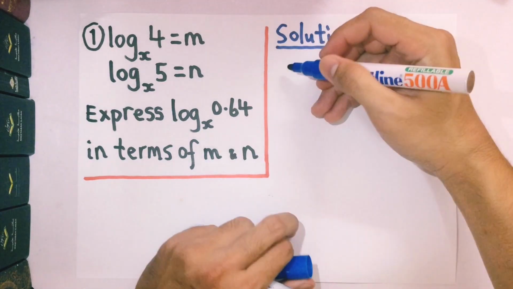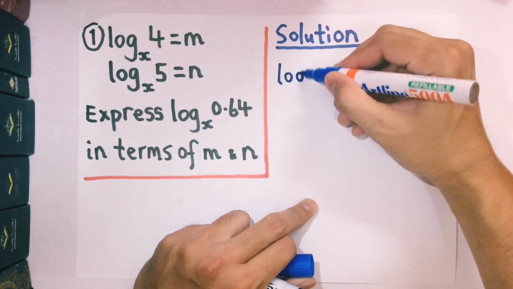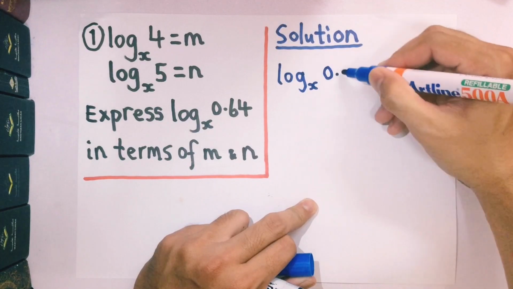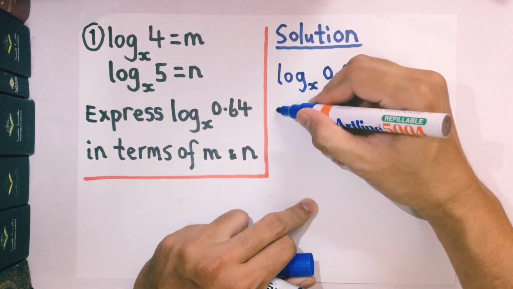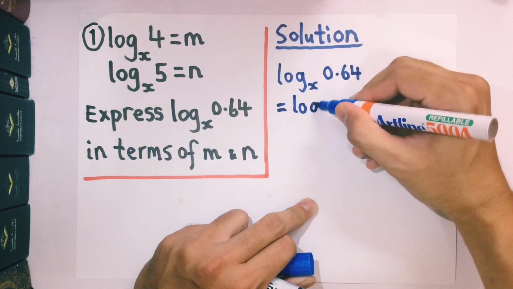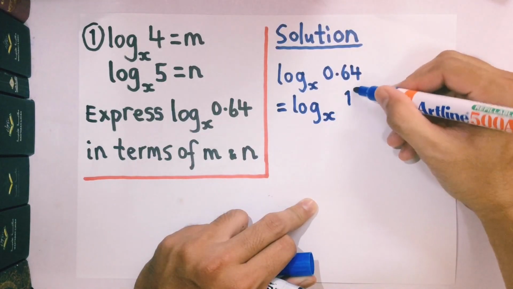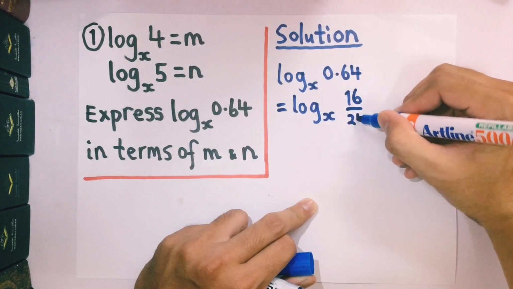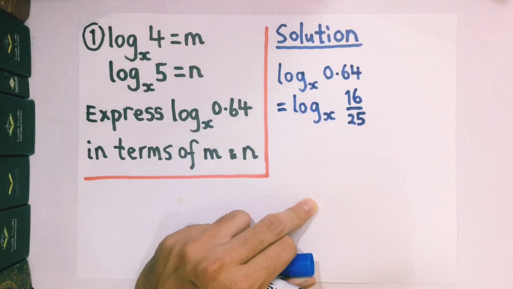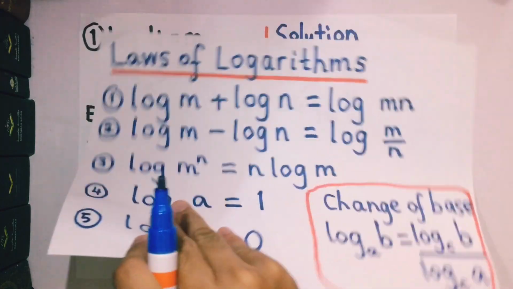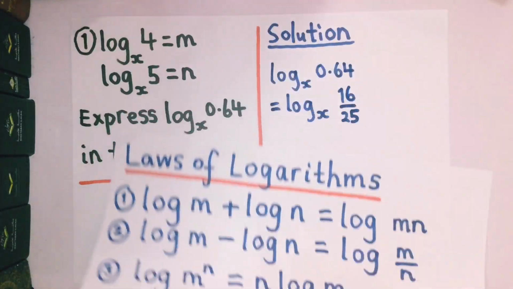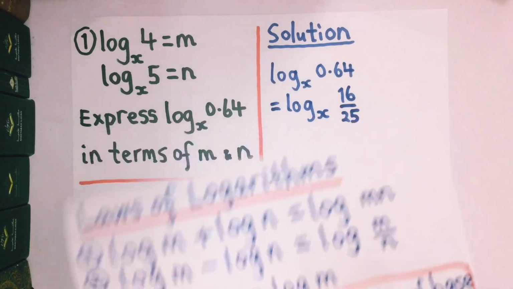So we have log x 0.64 equals to log x 16 over 25. Okay, now look at your laws of logarithm. When you have division, you're gonna subtract.